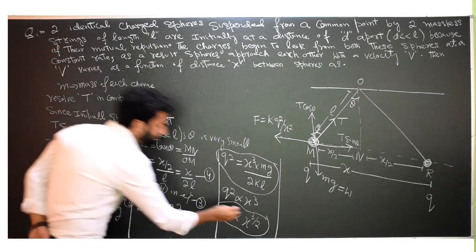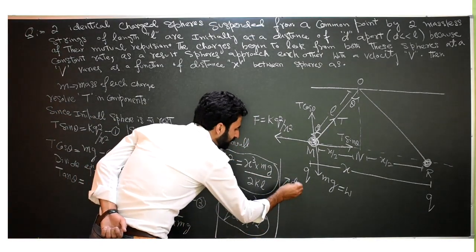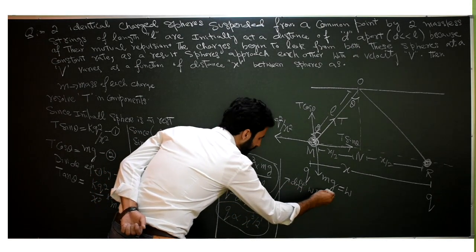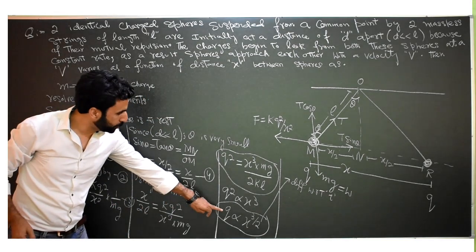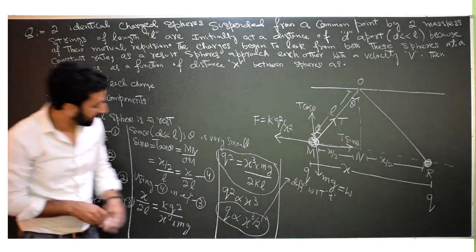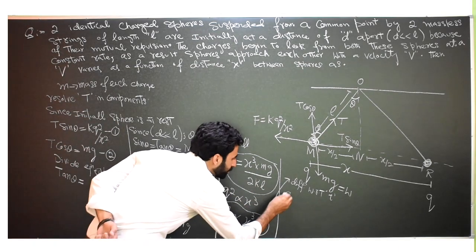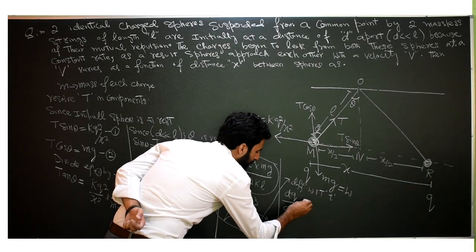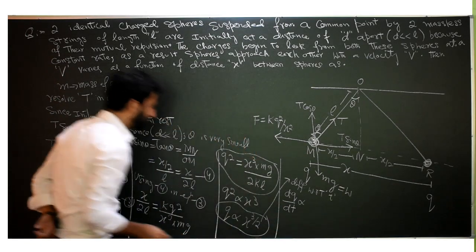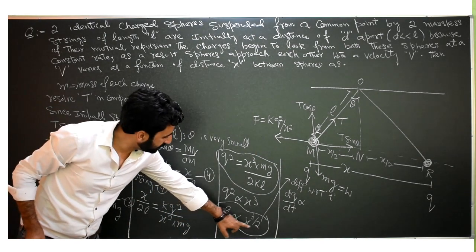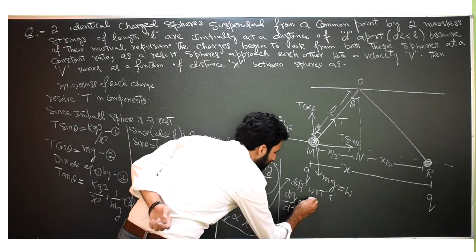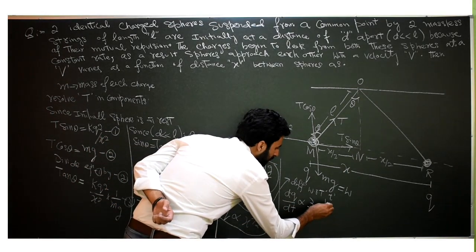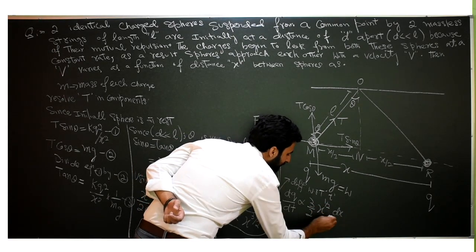Now, if we differentiate this with respect to time, we'll get dq upon dt, which is proportional to, differentiating x to the power 3 by 2, 3 by 2 times x raised to the power 3 by 2 minus 1, that's 1 by 2, into dx by dt.